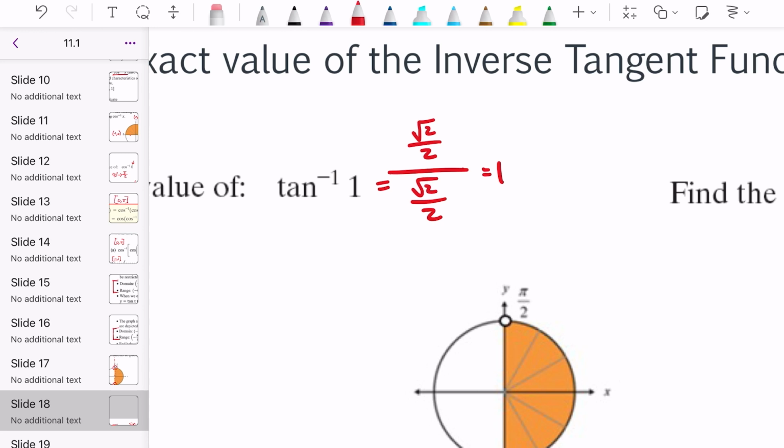The next question would be, is this 1 positive or negative? Because this is a positive 1, this would be falling within the first quadrant. Our answer here would be pi over 4.